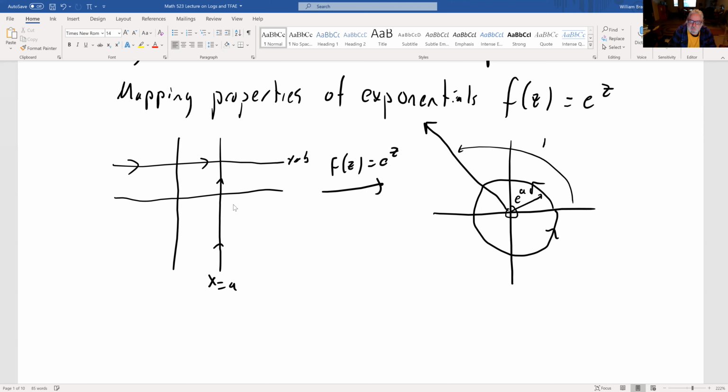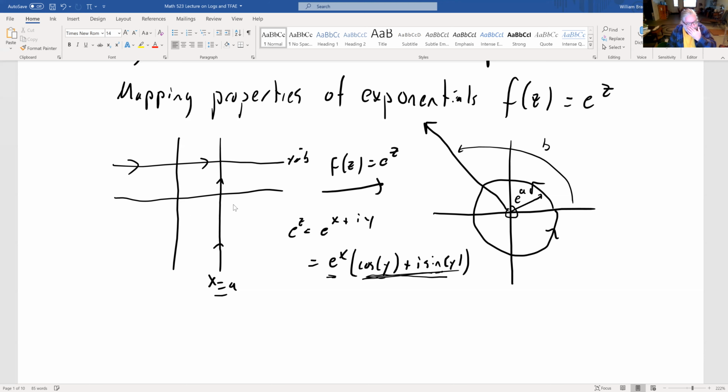this will be b. And that's because e to the z is e to the x plus iy, which is e to the x times cosine y plus i sine y. If you keep x constant, then you're going around in a circle because you're varying y. If you keep y constant, right, then you're fixing your angle and you're varying your distance from the origin.